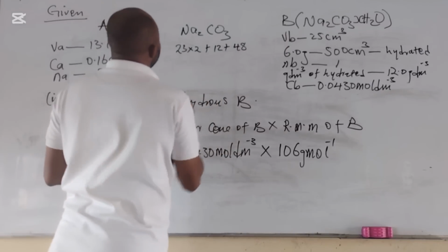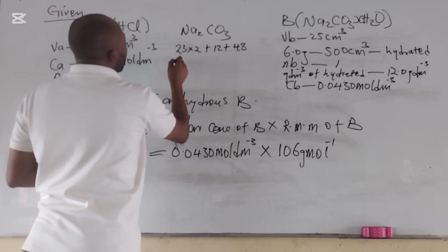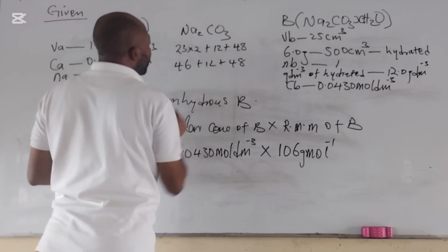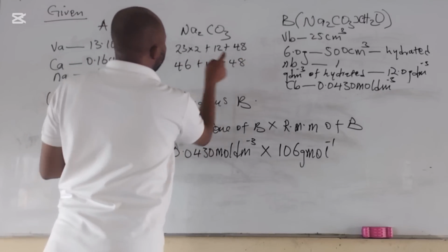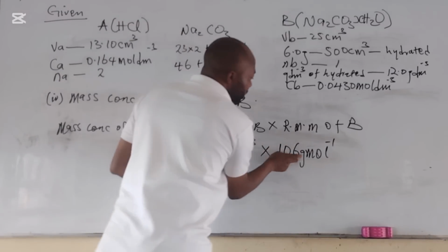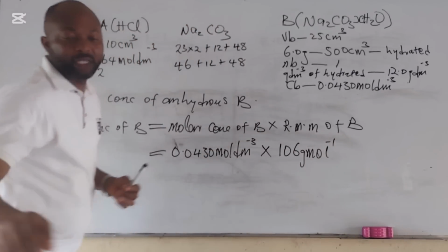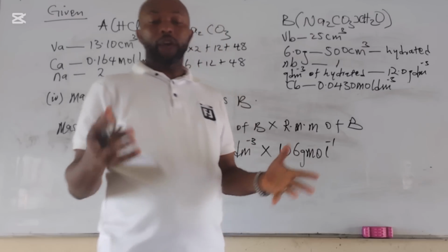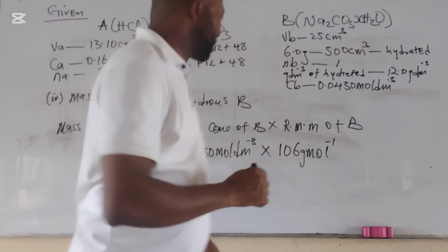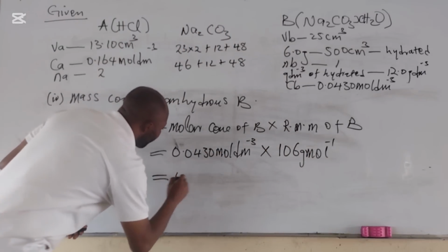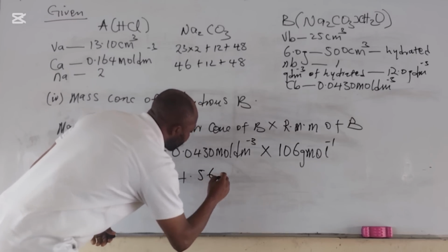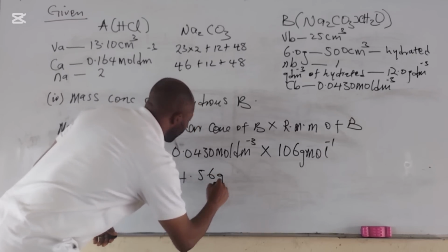So this is 46, plus 12, plus 48. 40, 80, 90, 100, 106. So that's how we got this 106. When we multiply this out, we have 4.558 g per dm cube.